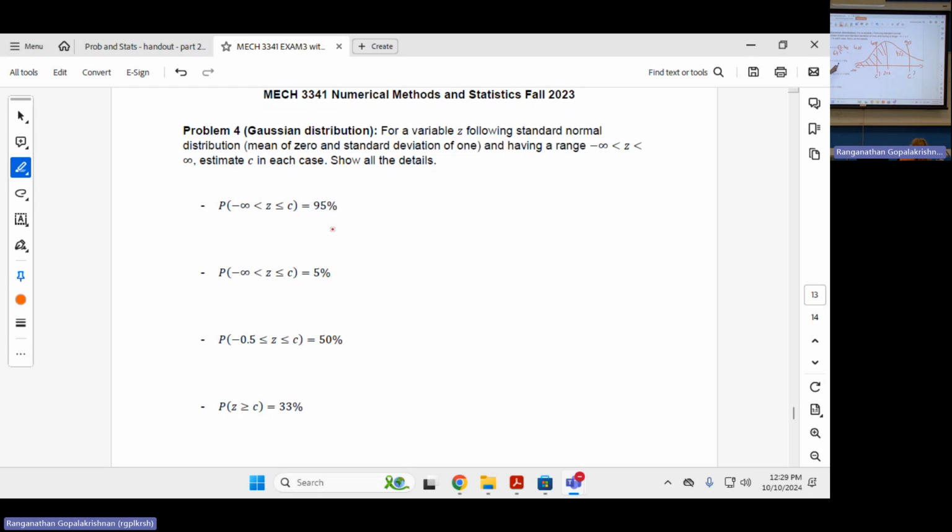We are asking you for what value of C or what value of Z will give you 5% probability. It's the other way, inverse. 0.065. No, wrong. 0.1736. No, where are you getting that from?